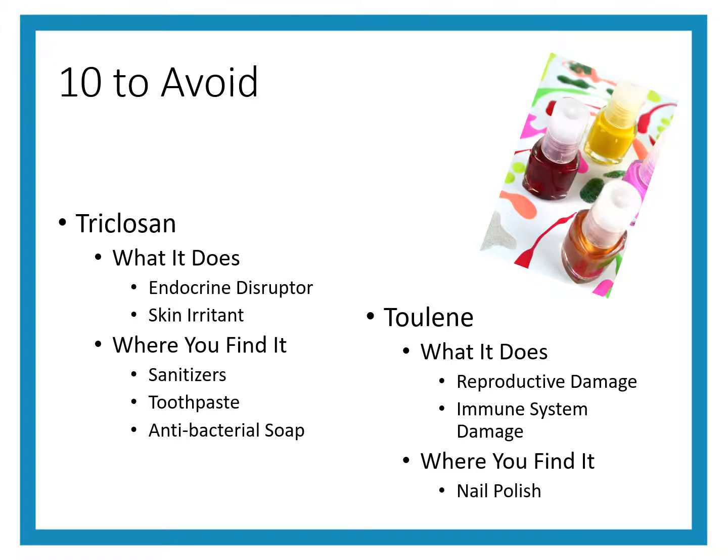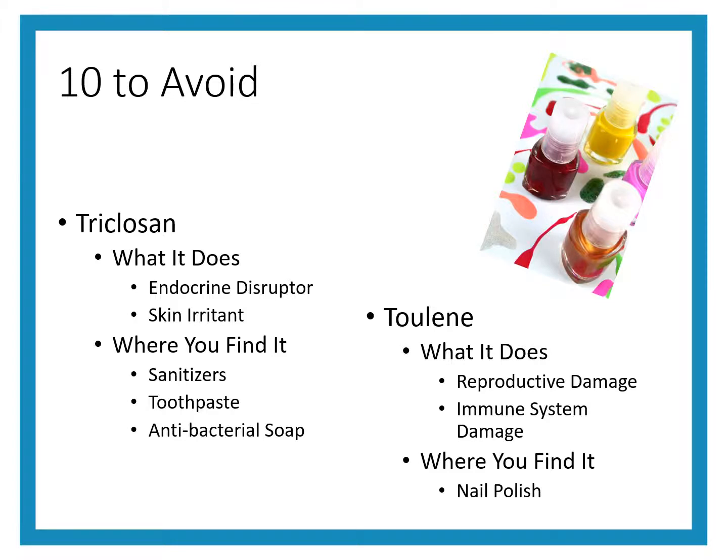The next one is toluene. Toluene is very commonly found in nail polish. You will either see it listed on the bottle in the ingredients as having toluene in it, or you will see in some nail polishes they will be marketed again as being toluene free. Now the problem with it is that it does reproductive damage and it can also do immune system damage.